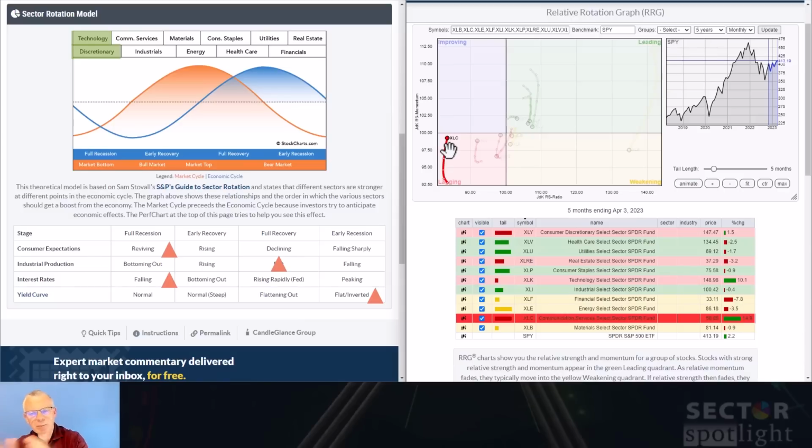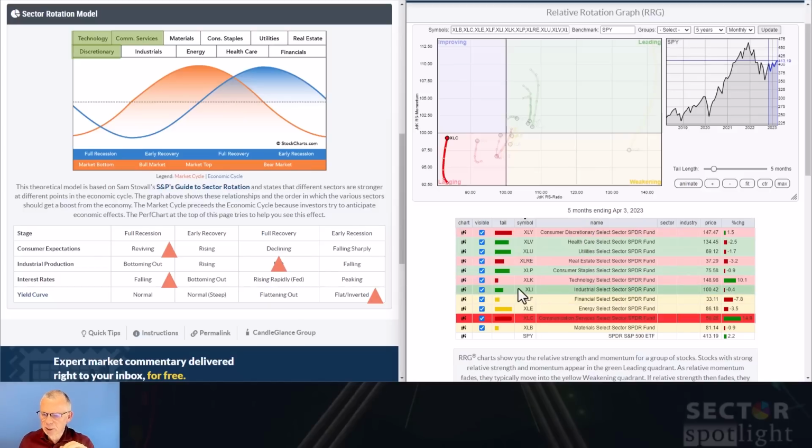And if you remember previous versions of Sector Spotlight where we look at the weekly RRGs, then you know that XLC and XLK were actually inside the leading quadrant for quite some time. So they have been dragging the market back up. So XLC is definitely also in the neutral to positive area when I read it on the monthly chart.